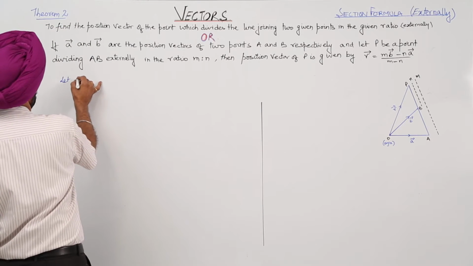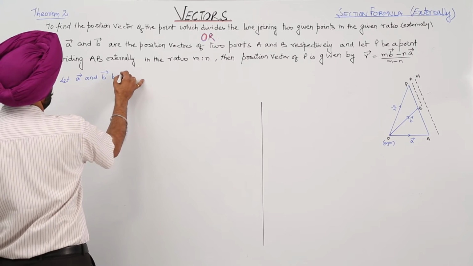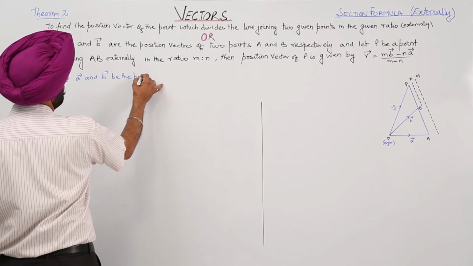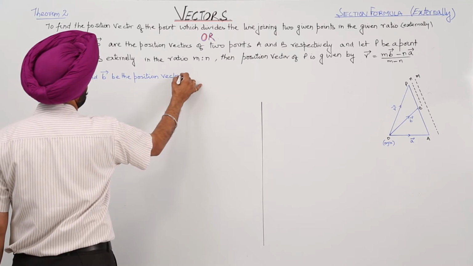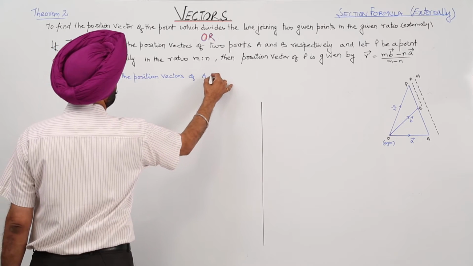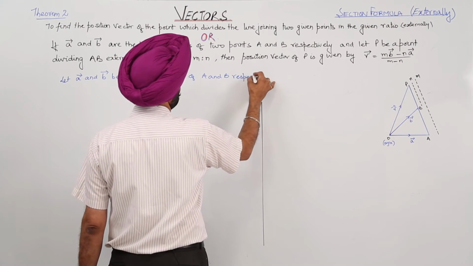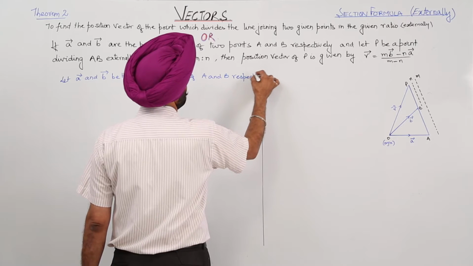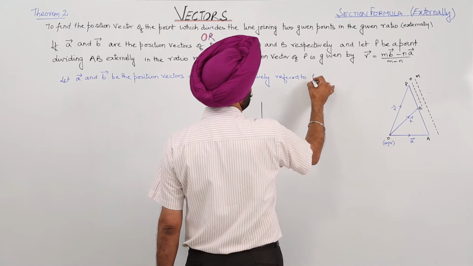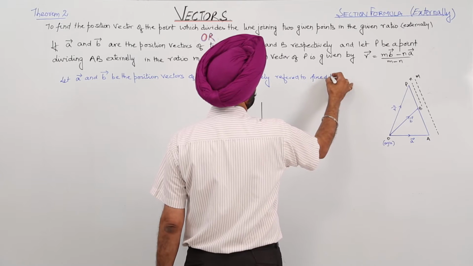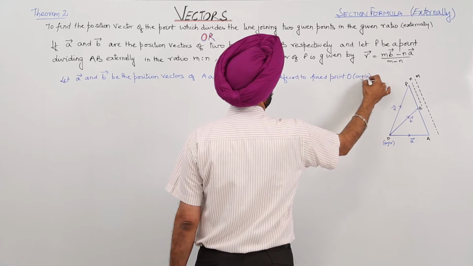Let vector A and vector B be the position vectors of A and B respectively, referred to a fixed point O, that is the origin.